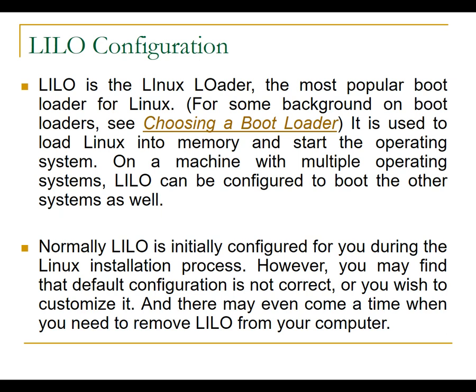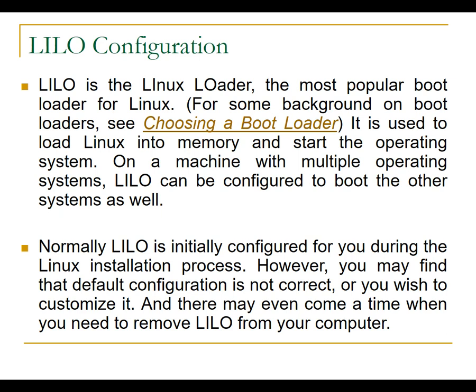So whenever multiple operating systems are installed on a single machine and you start the system, it asks for an option with two different sections, where option number 1 is for running the Linux operating system and option number 2 is for running the Windows environment. So it provides a choice, or you can say a switch case, to the user for selecting a specific operating system. Normally Lilo is initially configured for you during the Linux installation process.